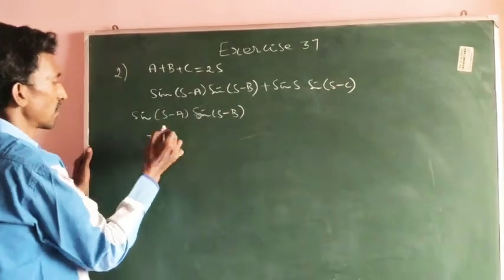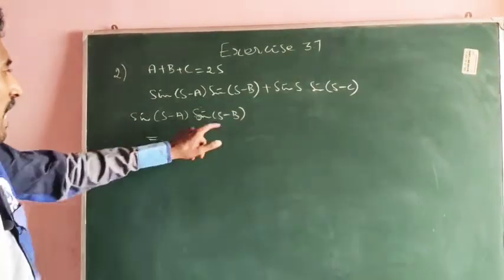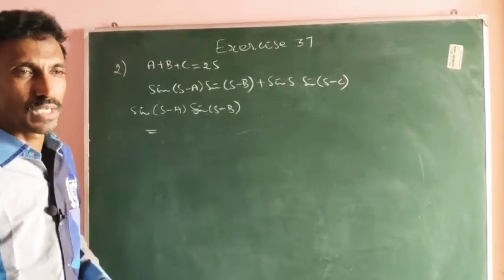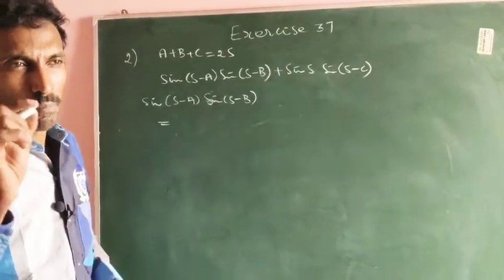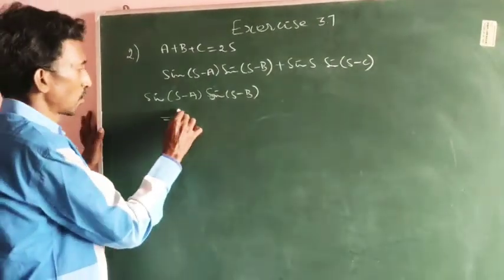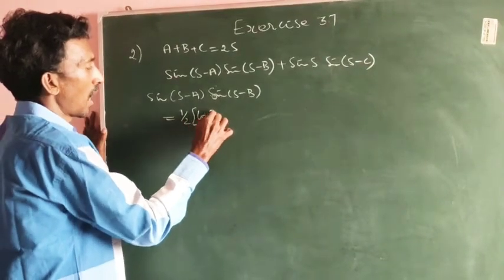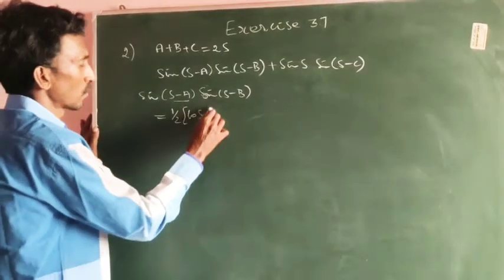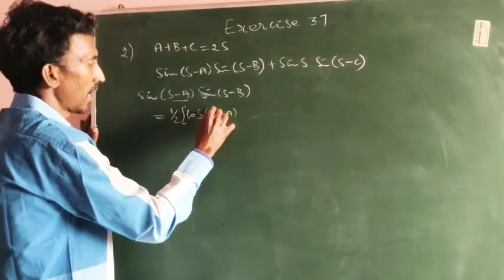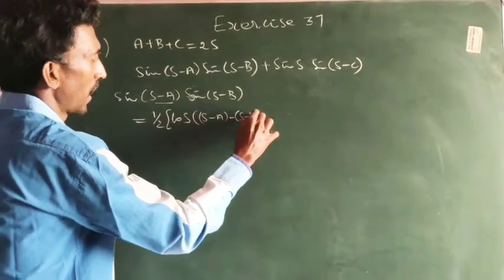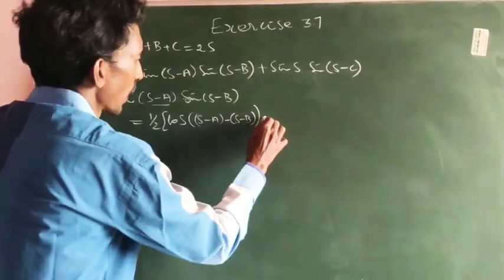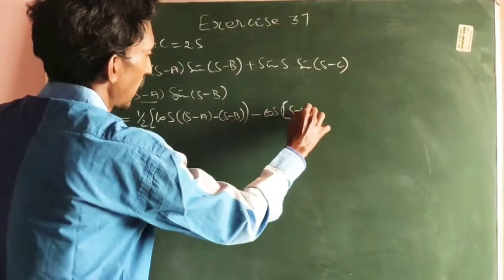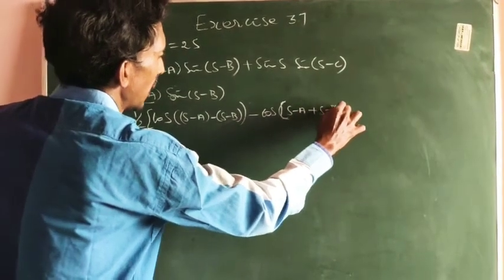It is of the form sin A sin B, which equals 1 by 2 into cos(A minus B) minus cos(A plus B). Here s minus a is A, and s minus b is B. So 1 by 2 into cos((s minus a) minus (s minus b)) minus cos((s minus a) plus (s minus b)).